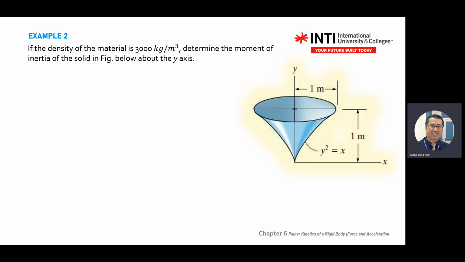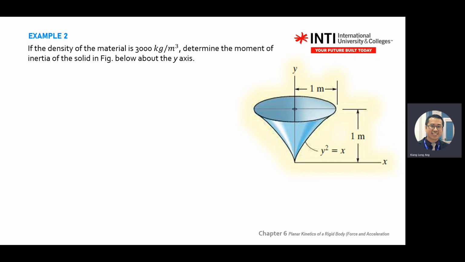This is a mathematical question, not an engineering dynamics question. How to get this shape? Again, we are using integration.